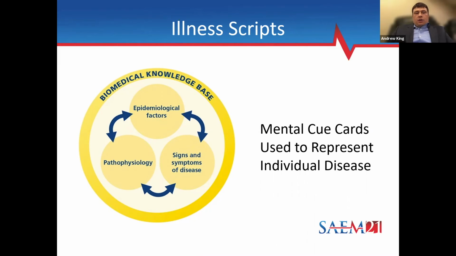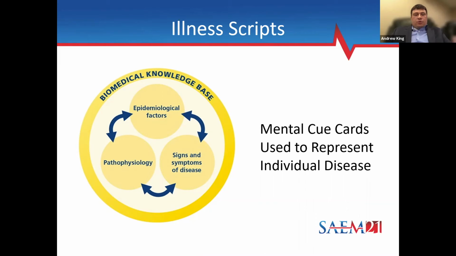A way that we use this is we ask our residents to present the various presentations that they see in the emergency department using illness scripts. Let's say they have a patient that comes in with right lower quadrant abdominal pain and they're concerned about appendicitis.